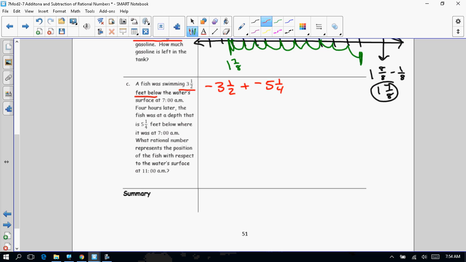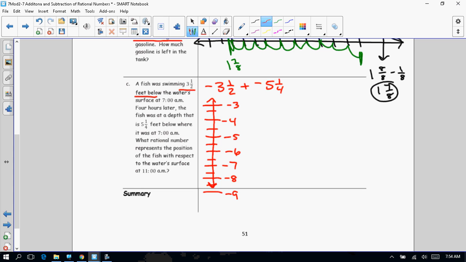Well, since we're talking about depth underwater, I'm going to actually have my number line go vertically. Okay? And I'm going to start here at what? Negative 3, negative 4, negative 5, negative 6, negative 7, negative 8, negative 9.